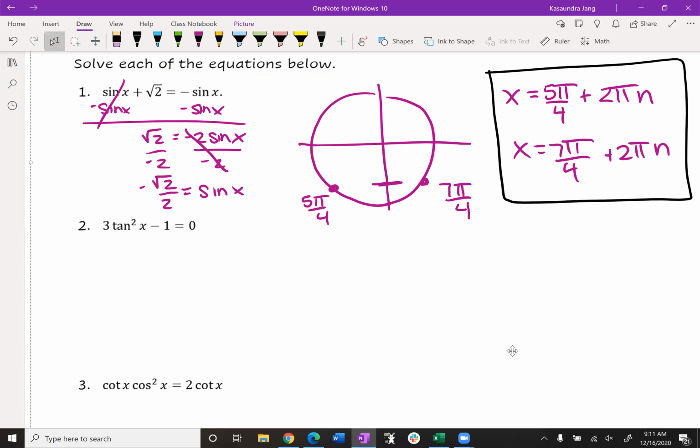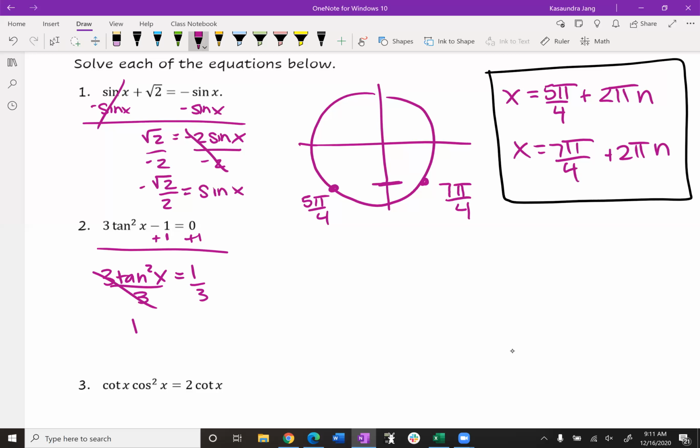Number 2 is very similar, so let's see if we can compare these. Instead of getting sine by itself, I want to get my tangent by itself. So I will add the 1 on both sides, divide by 3 on both sides, and take a square root on both sides.